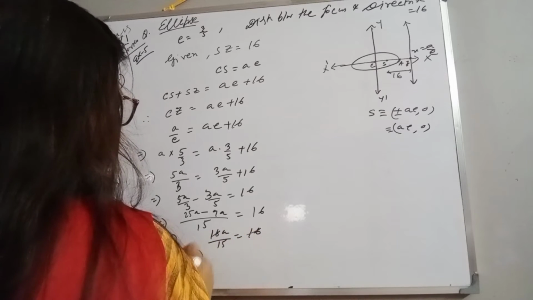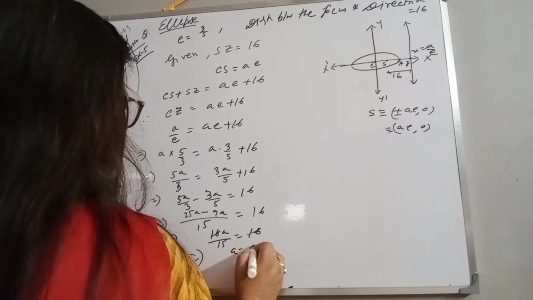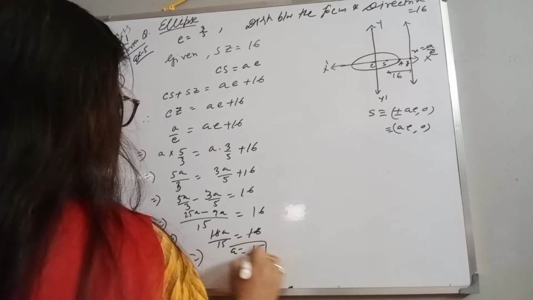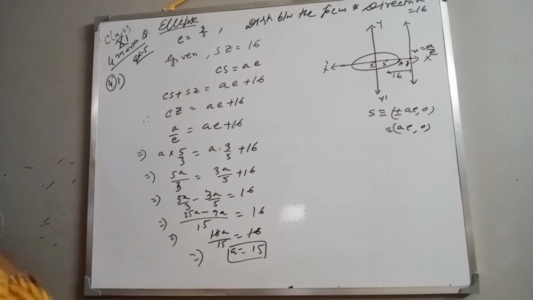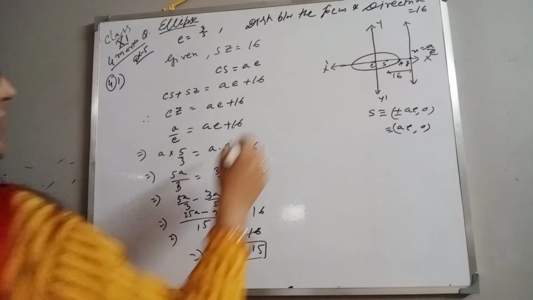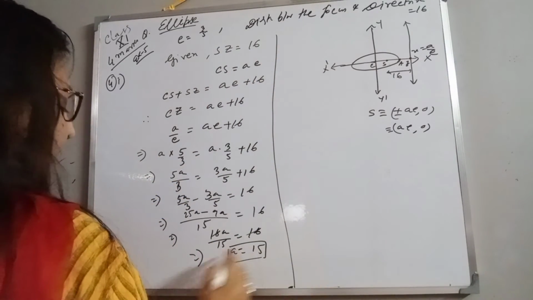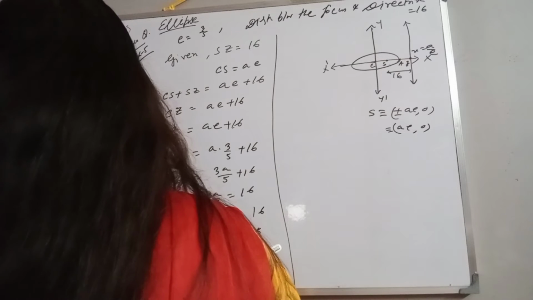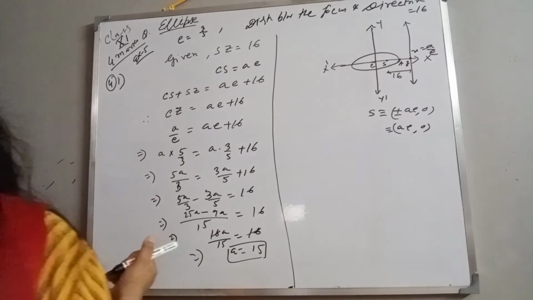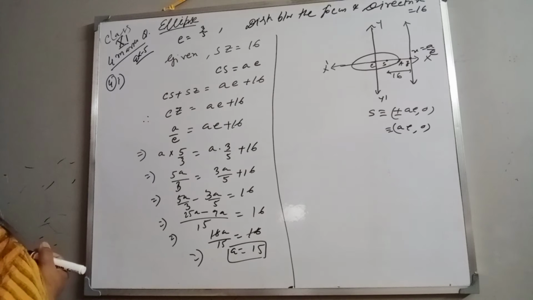Obviously from both sides we can cancel 16, so we get A equal to 15. Therefore the length of the major axis is twice A, that is 2 into 15, that is 30.